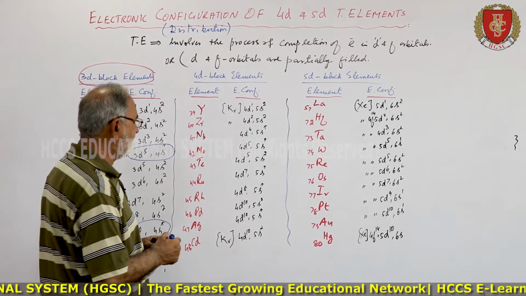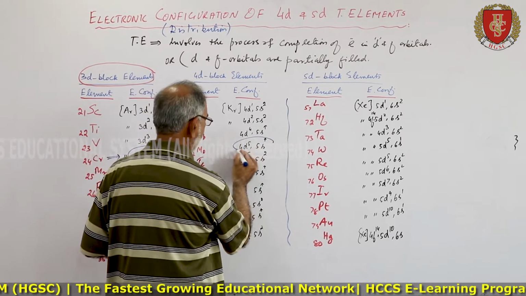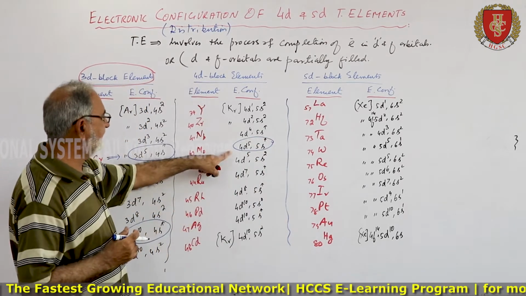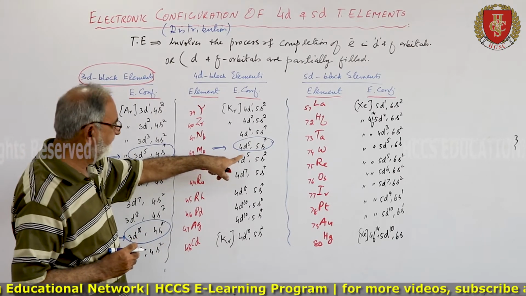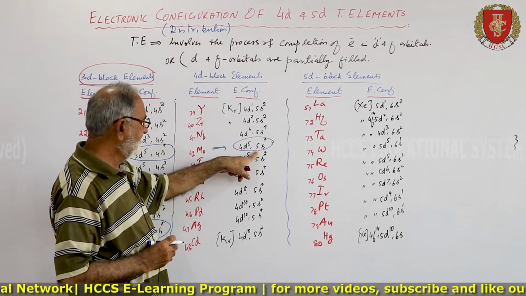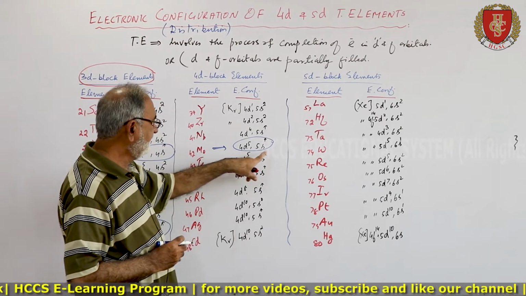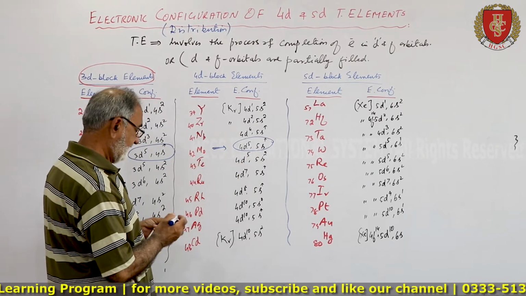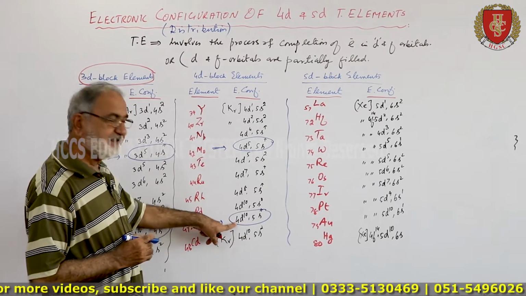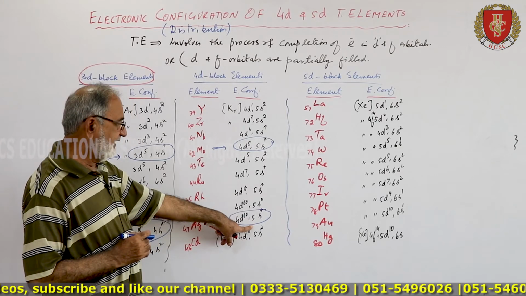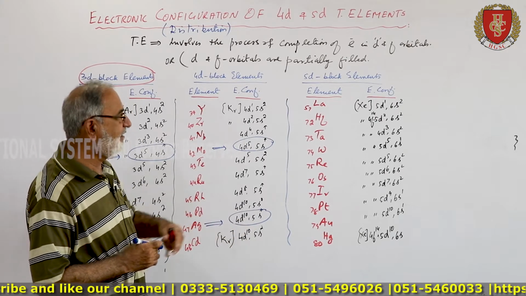The same case over here: this is basically half filled d orbital and 5s1, which is half filled, and again here 4d10, that is complete d orbital, and 5s1 which is half filled.